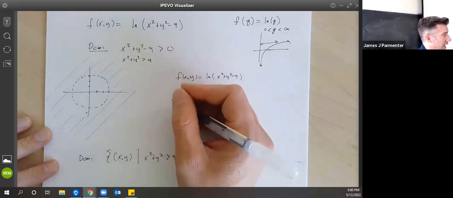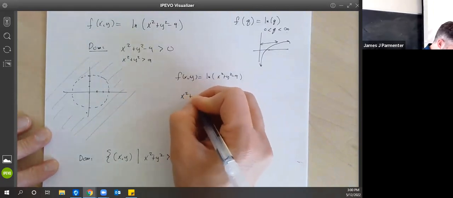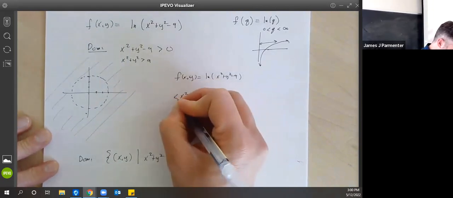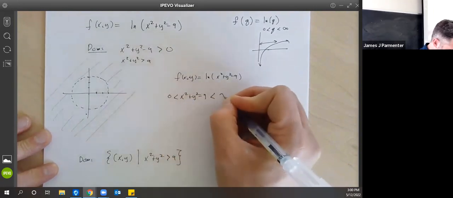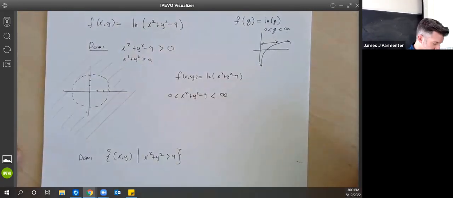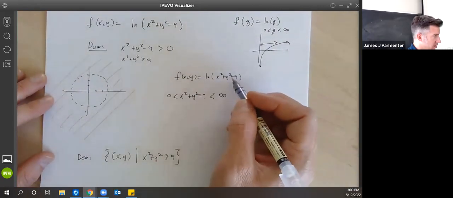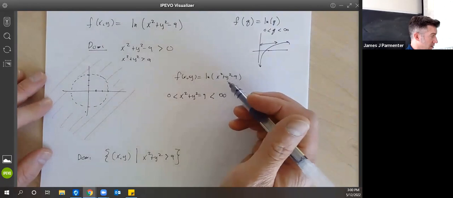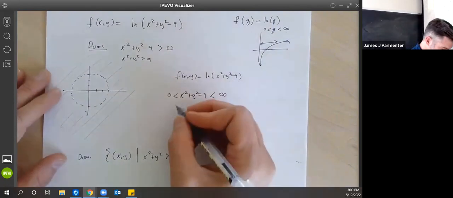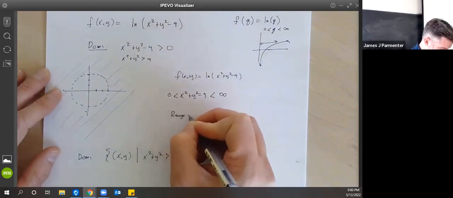It's certainly true that x squared plus y squared minus 9 has to be greater than 0 and is going to get as large as we want it to get. So if that's the case, it looks like this function can go all the way down to negative infinity and all the way up to positive infinity. So it looks like our range really is everything.